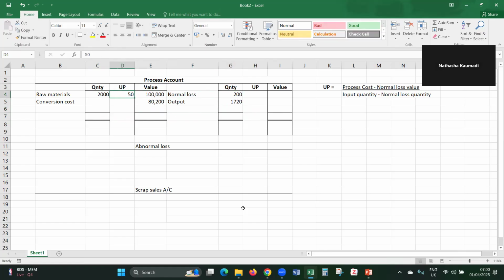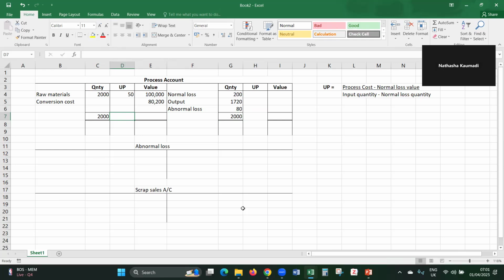I'm not explaining much because you already know these things we discussed in detail, right? This is an abnormal loss. 2000 minus 1720 minus 200, your abnormal loss is 80 units. Right, so we have tallied the quantity columns.